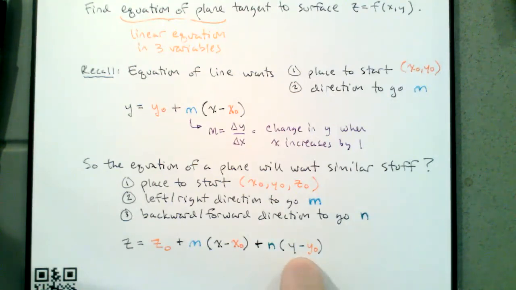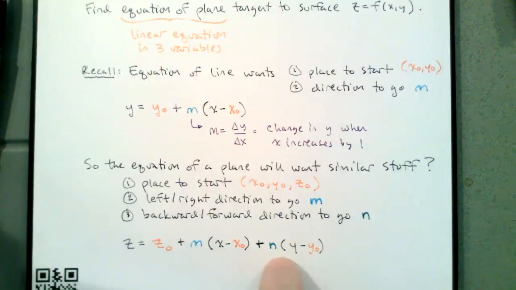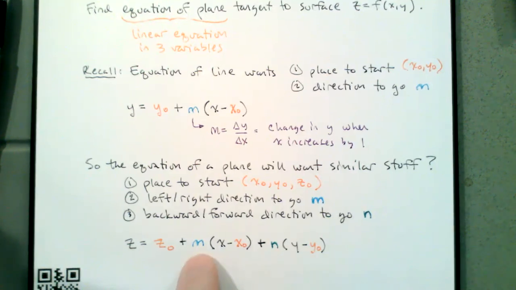And over here in this term, n is how z is changing in the y direction. When y is equal to y naught plus 1, we add n 1 time. So if we change x by 1 and y by 1, then we add m 1 time and n 1 time to the value of z. And that's how we get the height above the xy plane.